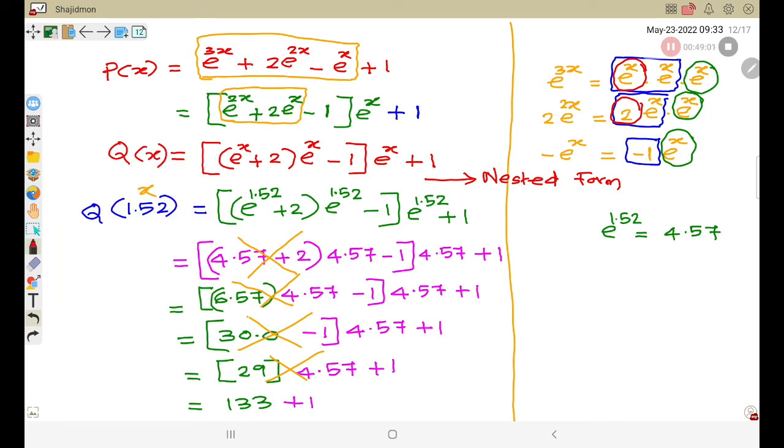Now lastly we will get the approximate number equals 134. This is the approximate number using nested calculation, Q star, correct? Nested calculation approximate number is 134. So this is the B part of the question.